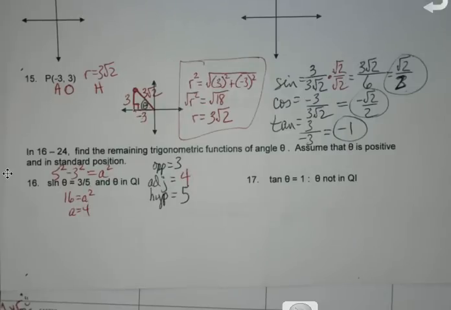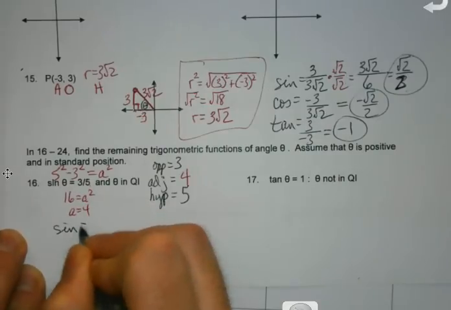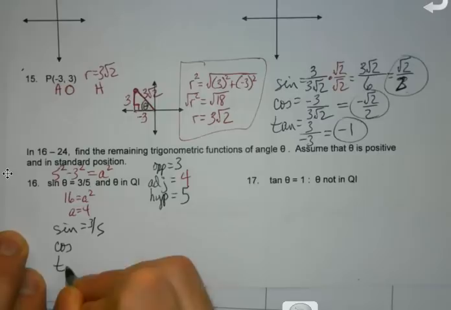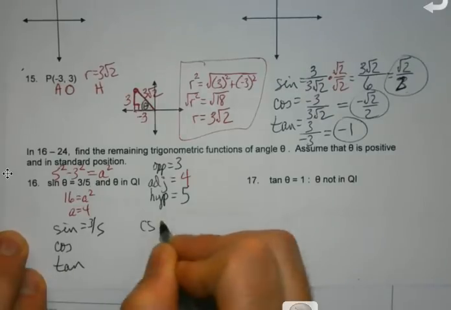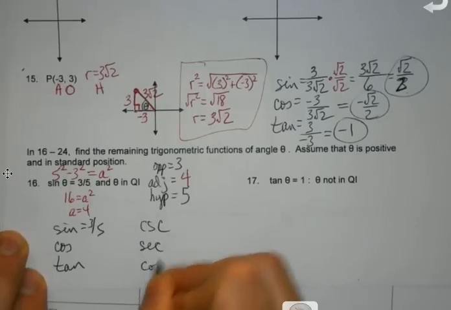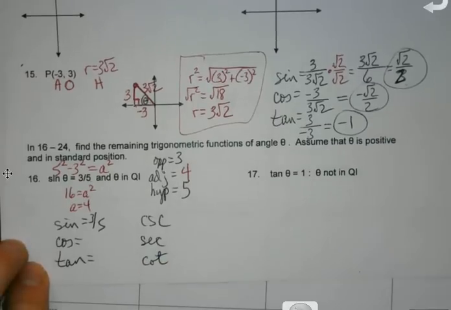Now here's kind of the catch on this one. All right, so I already got sine. And we're finding all of them. So we want sine, cosine, tangent, cosecant, secant, and cotangent. I can find all my basic trig functions now.